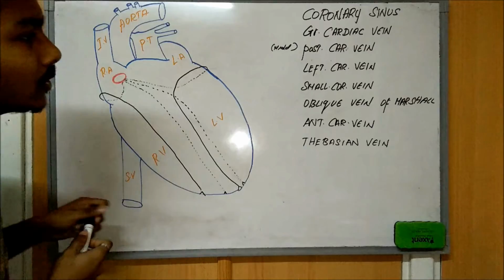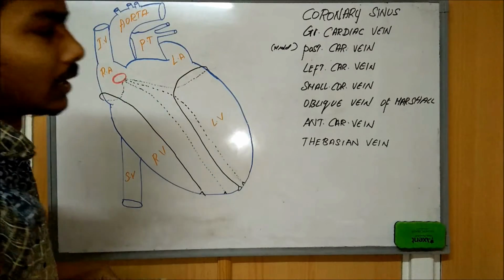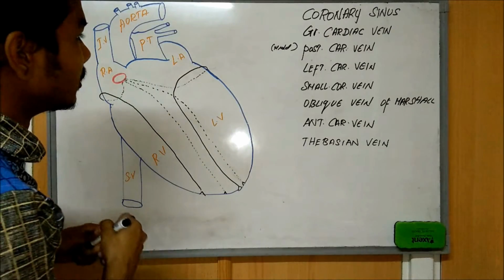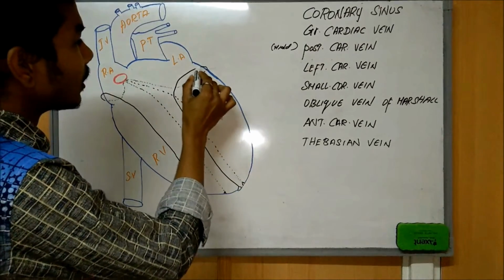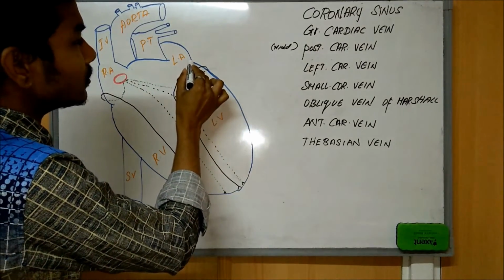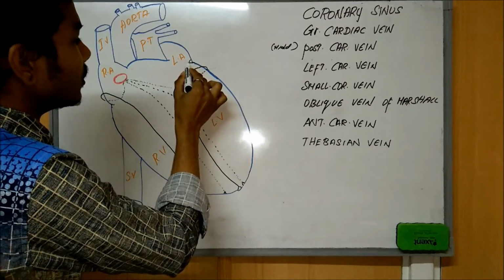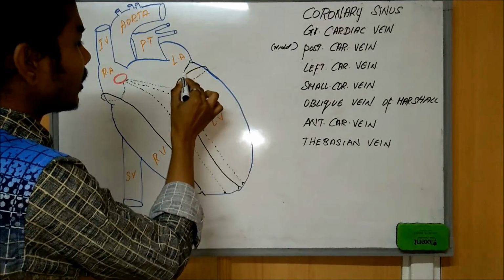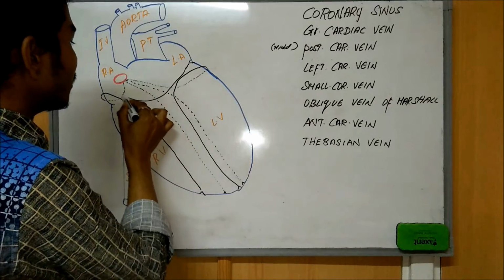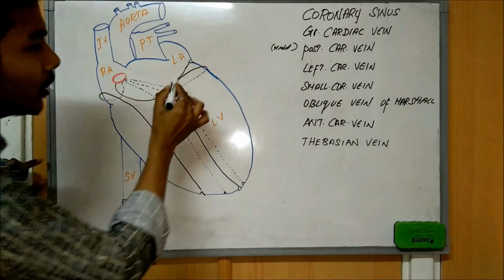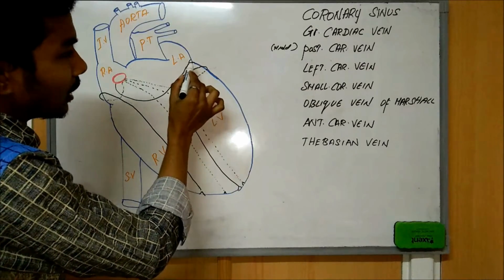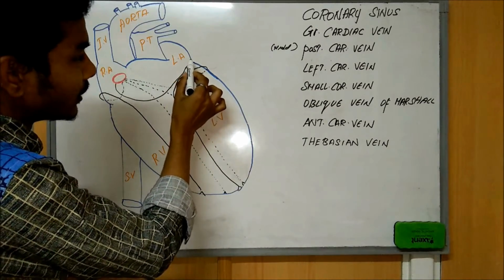And then the oblique vein or marshal vein, which arises in the left atrium.